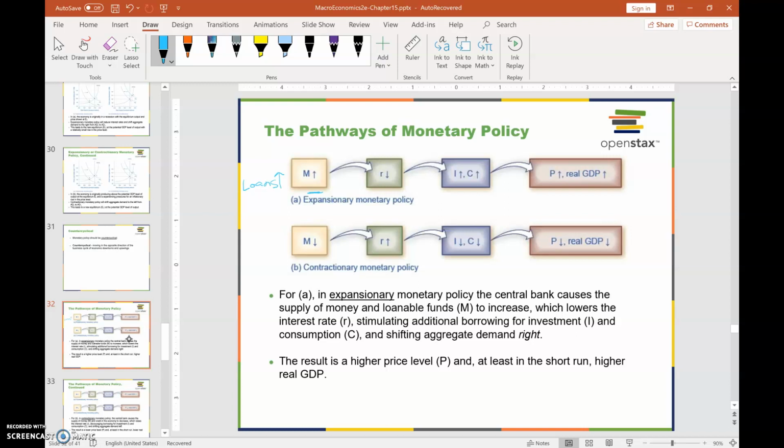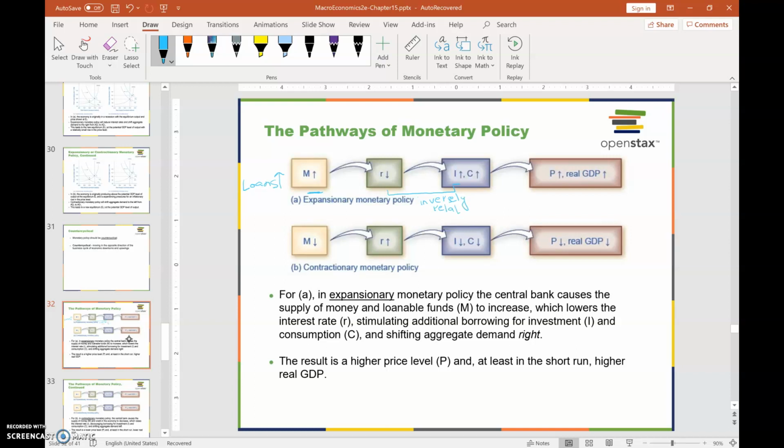This lowers the interest rate that we looked at graphically. When the interest rate goes down, I, which is for investment, will go up. Interest rates and investment, these two are inversely related.